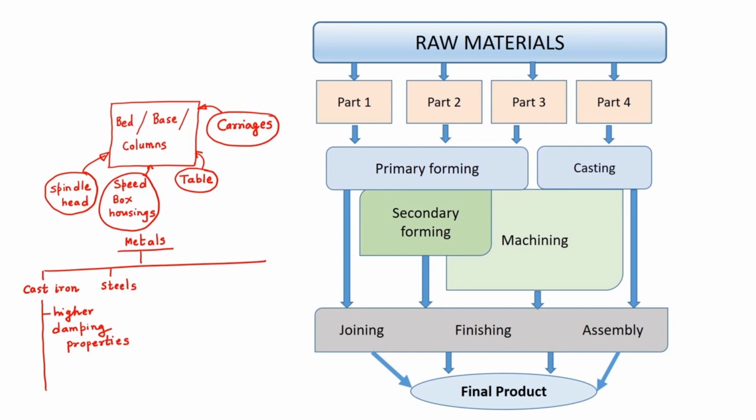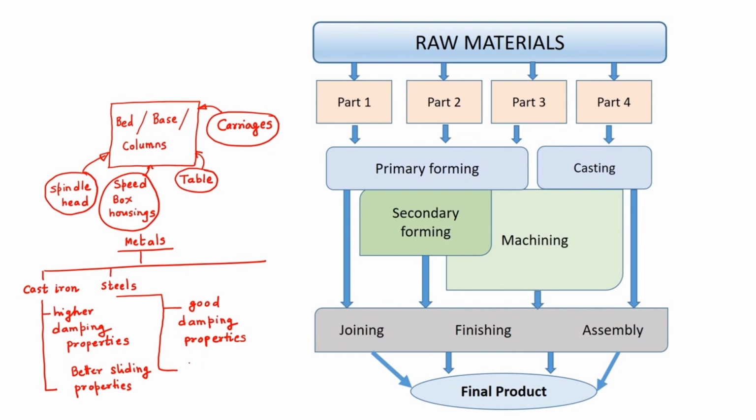The cast iron also provides better sliding properties. The friction would be less and the wear and tear of the cast iron would be less. The steel material also has good damping properties, but the strength of steel is higher during the static and dynamic loading.